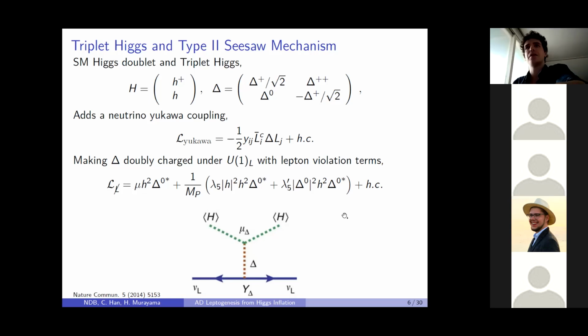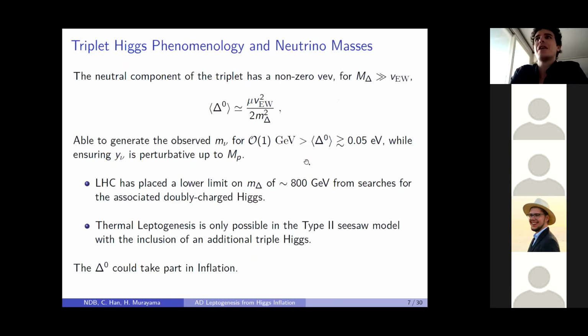Yeah, so this triplet Higgs introduces those sorts of couplings and terms. Of course, it has its own mass terms and quartic coupling, and there is also a portal coupling between the standard model Higgs and the triplet Higgs.